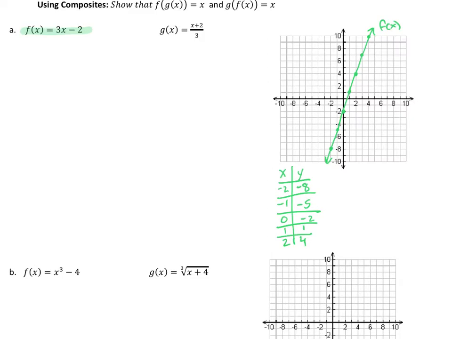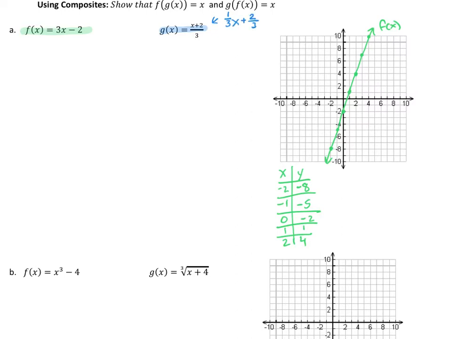And then we can graph our g of x. So our g of x, let's do that in blue. Now, g of x is a little weird to graph, so if you want to think of it in y equals mx plus b form, you can think of this as 1/3 x plus 2/3.